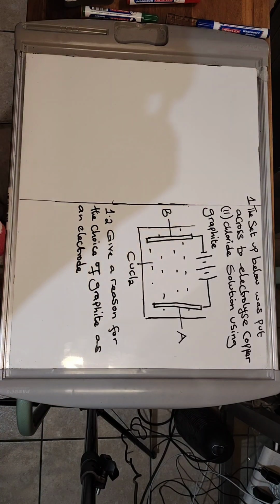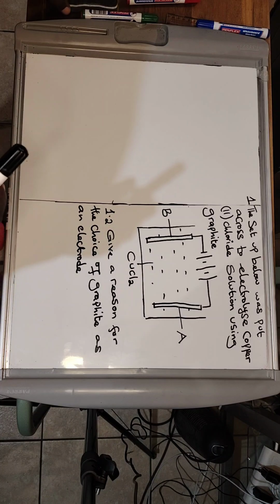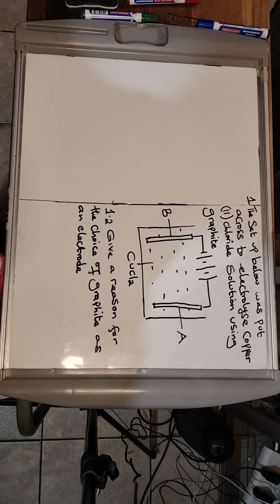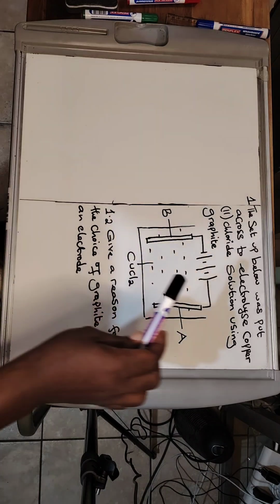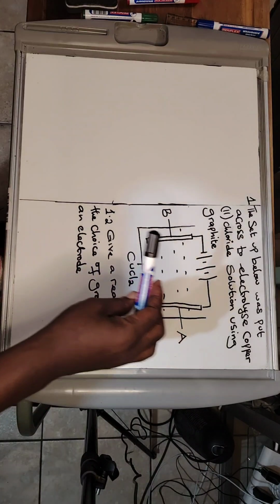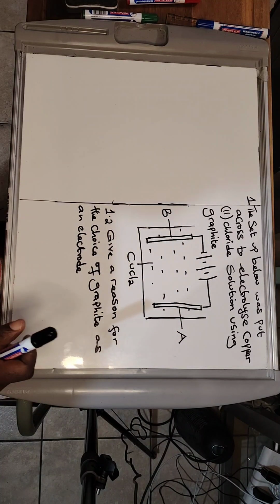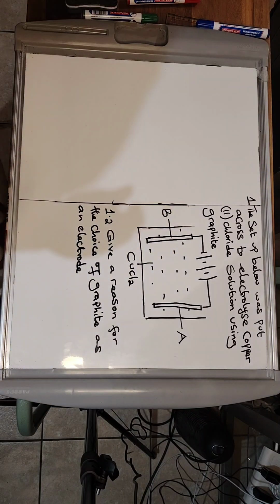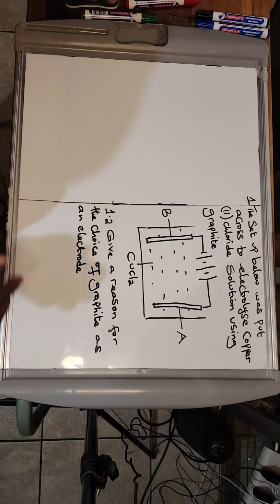One is called Guidelines to Physical Sciences, and the other one is called Silver Bullet, of which the name of this channel was derived. So now this is one of the questions. I've just picked it from the Guideline to Physical Science, and we are applying what we've been studying all along.